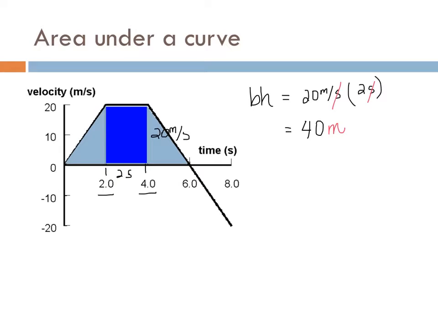But you can also apply the same principle to find the area in these two lighter blue spaces. So I'm going to show you the area of the second part. Because it's a triangle, we're going to use 1/2 base times height. 1/2. Our base in this case is 2 seconds. And our height in this case is 20 meters per second.